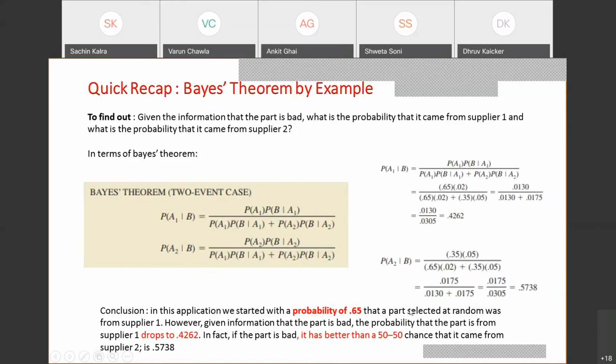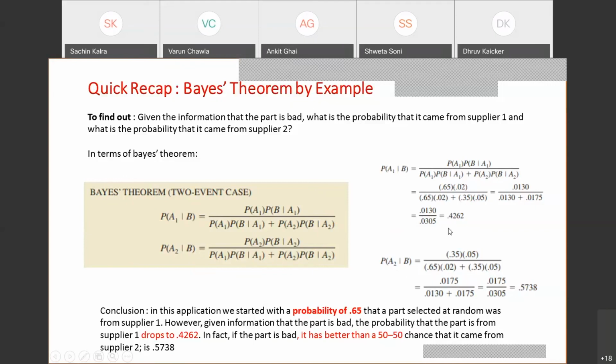But one part was selected at random and was bad. Given that the part is bad, the probability that the part is from supplier one drops to 42%. Although 65% of parts are from supplier one, given the part is bad, it will be 42% of the times. And given the part is bad, the chance it is from supplier two is 57%.